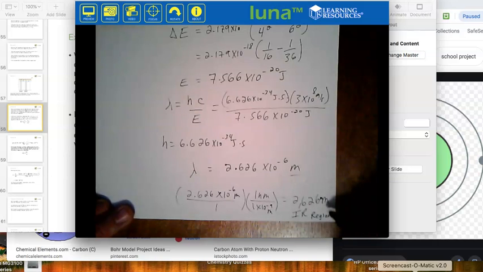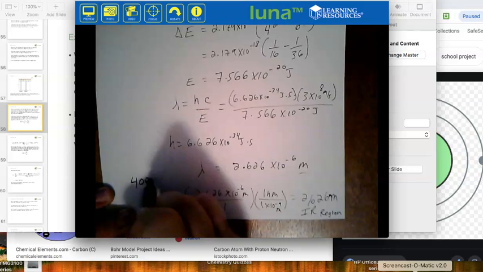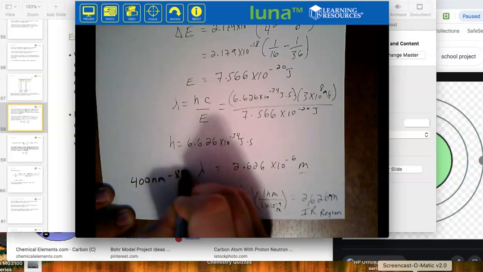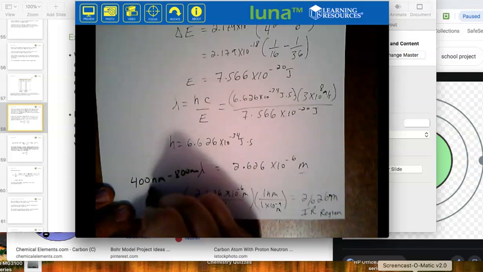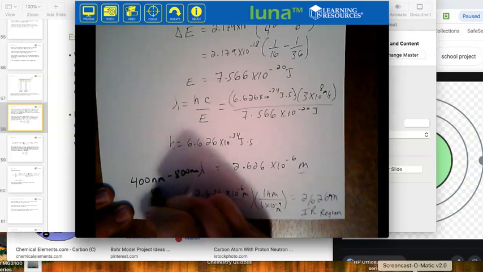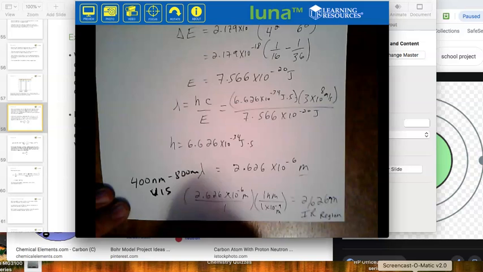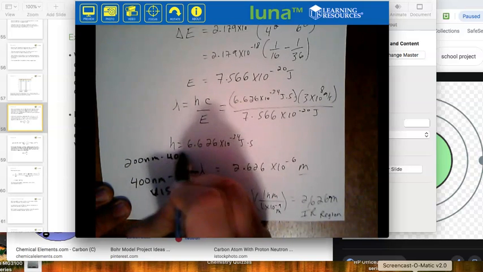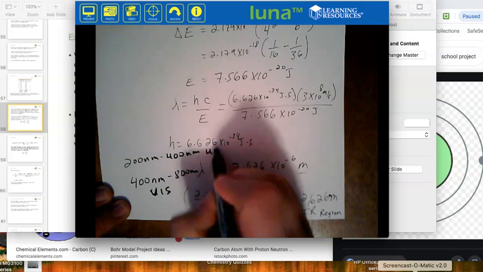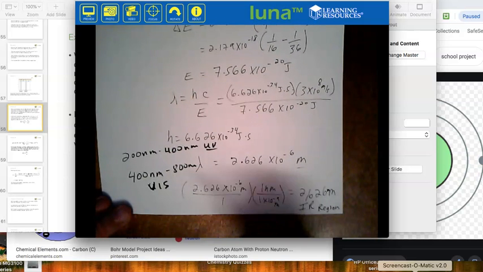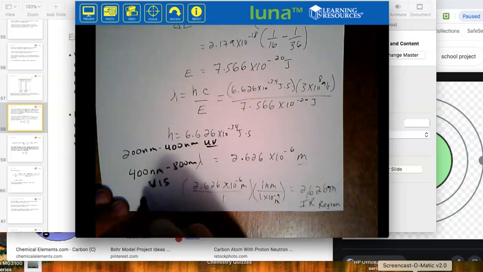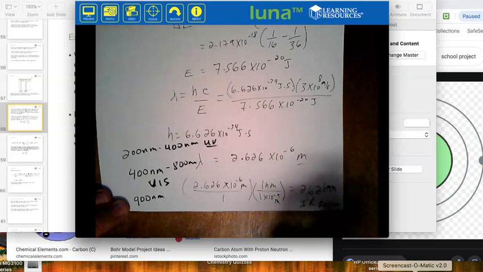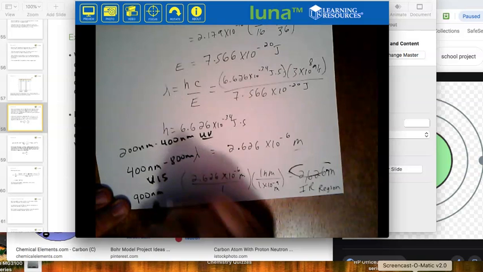I know, for example, 400 nanometers to 800 nanometers is the visible region, and 200 nanometers to 400 nanometers is the UV region. So something greater than that, like 900 nanometers, and this is like 2000, is going to be in the infrared region.